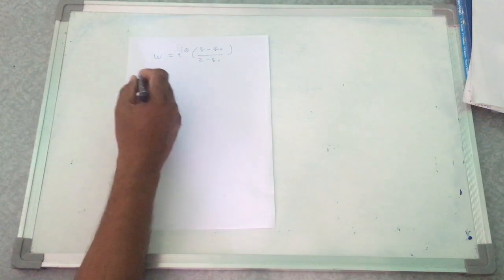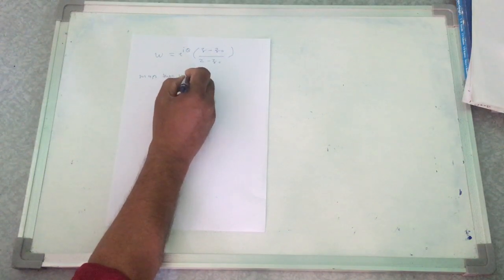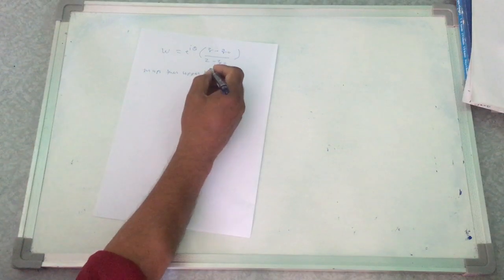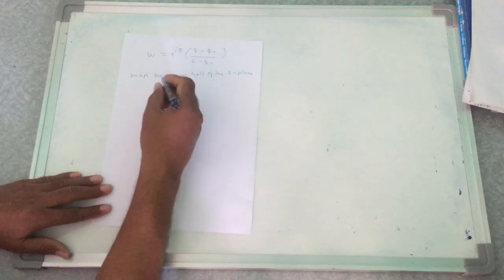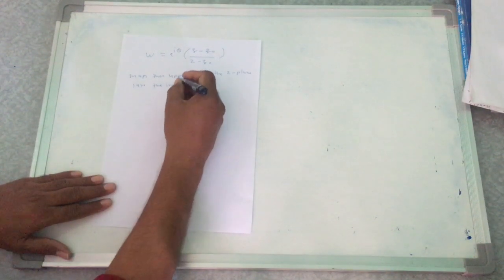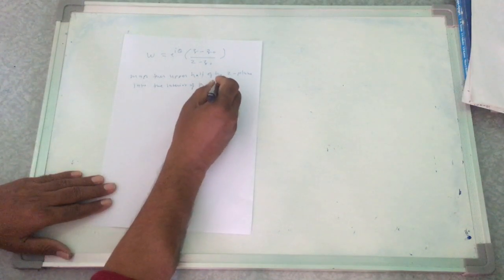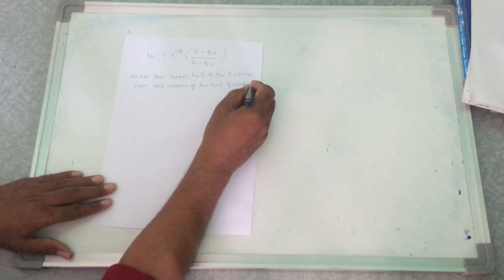So it means this maps the upper half of the Z plane into the interior of the unit circle in the W plane.